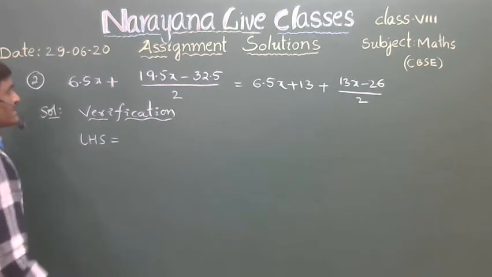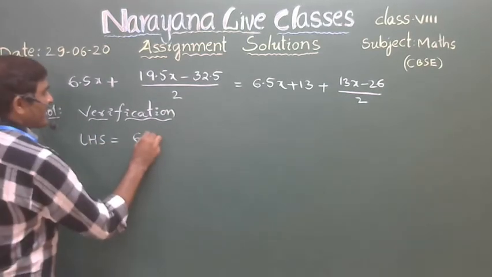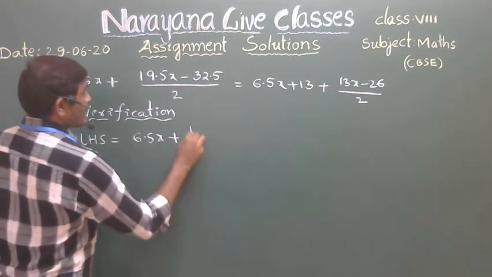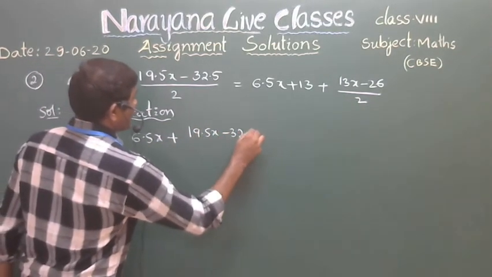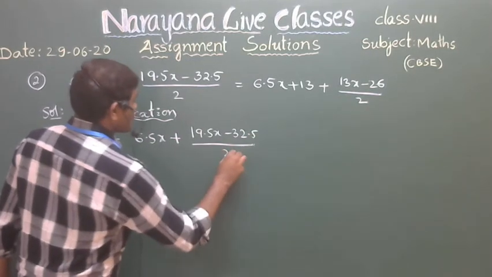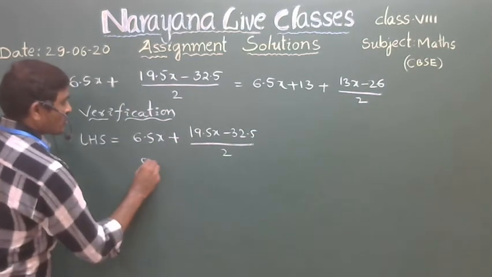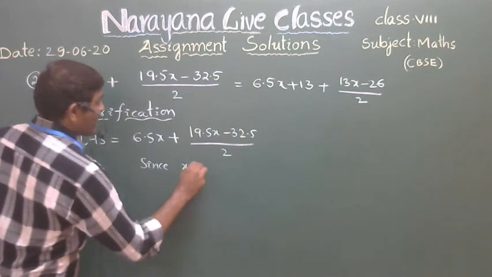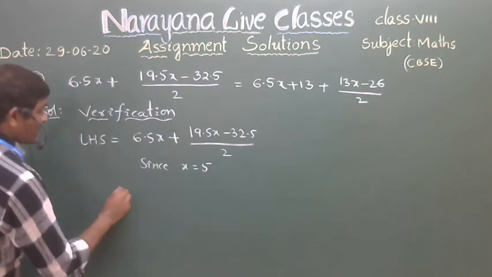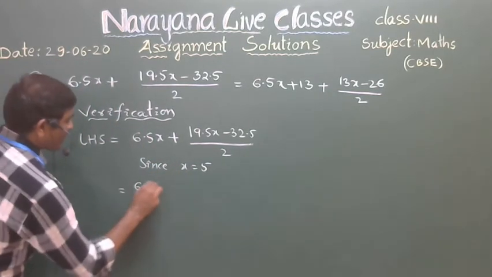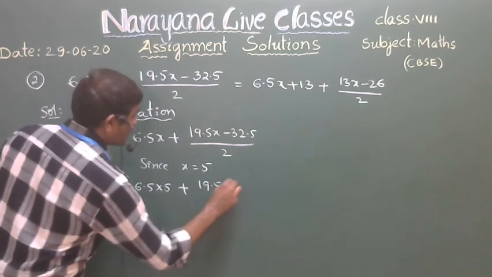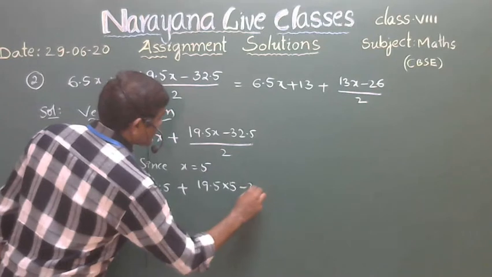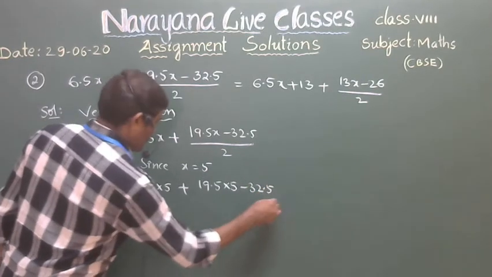What is the LHS here? 6.5x plus 19.5x minus 32.5 by 2. Since I got the solution x is equal to 5, we will substitute in this equation. So 6.5 into 5 plus 19.5 into 5 minus 32.5 by 2.